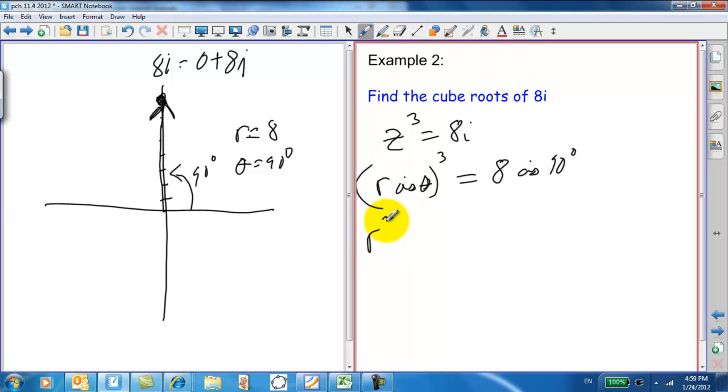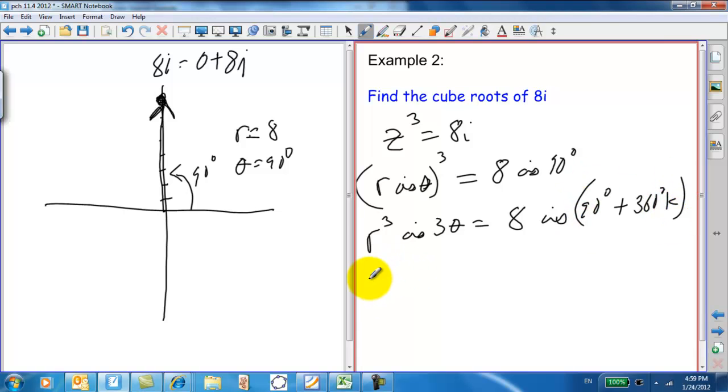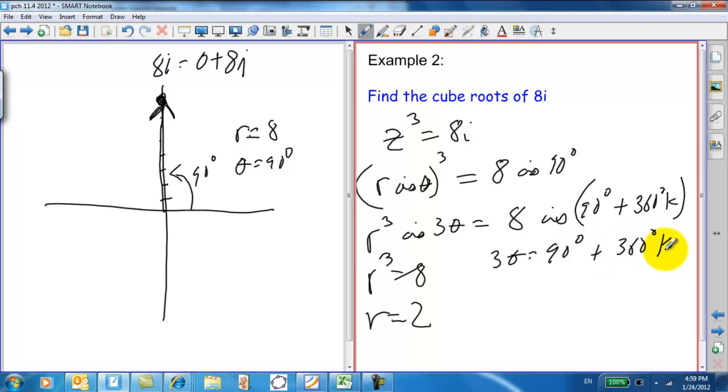So we cube this out. R cubed cis 3 theta equals 8 cis 90 degrees plus 360 degrees times k. So we set r cubed equal to 8, and that's where we get r equals 2. And set 3 theta equal to 90 degrees plus 360 degrees times k.